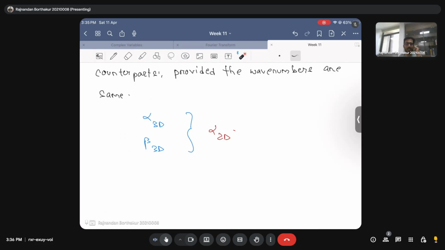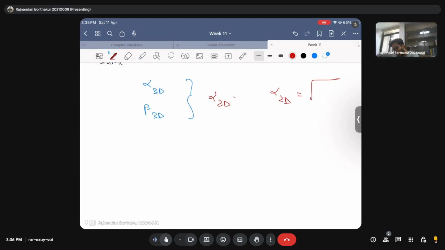If that is the case, then you can apply something known as Squire's theorem. So alpha 2D, which is the wave number for the 2D case, should be equal to square root of alpha 3D squared plus beta 3D squared.